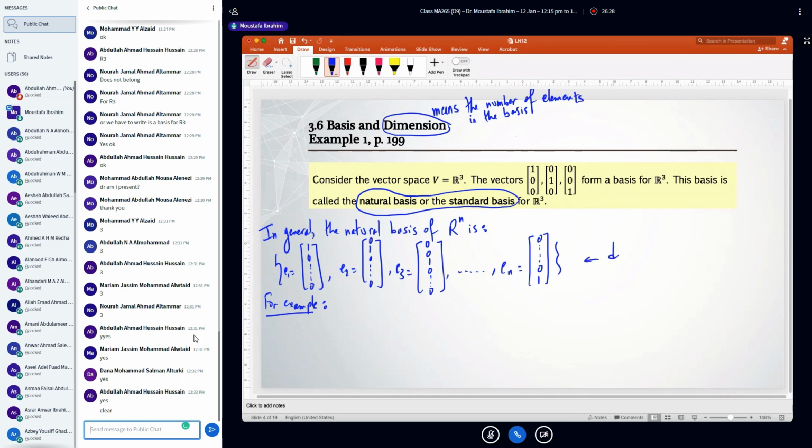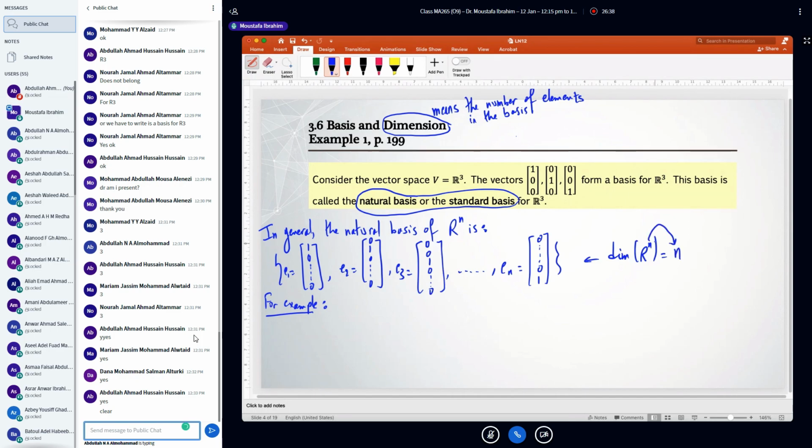So later we will see what the dimension of Rn is. What do you think? From e1, e2 to en, from 1 to n, how many numbers? We have n. Let's check, for example, the natural basis, or standard, we say standard also, of R2.